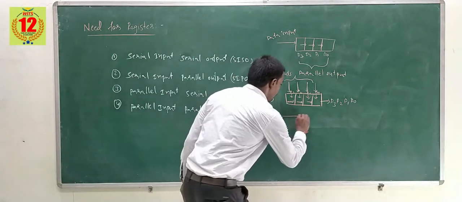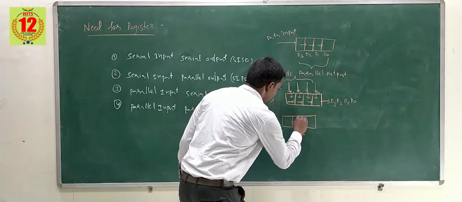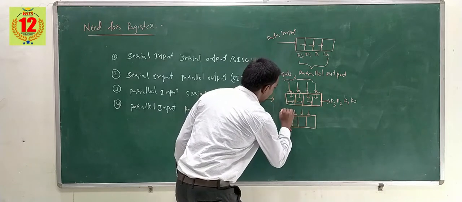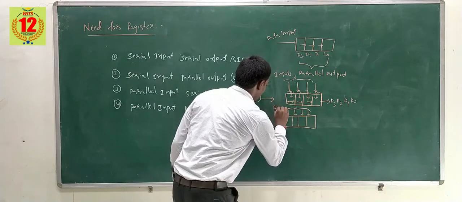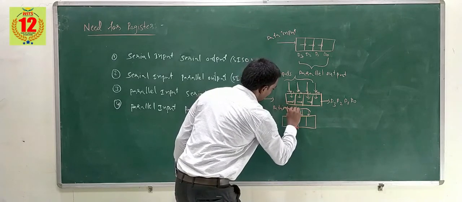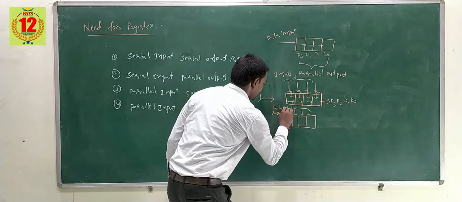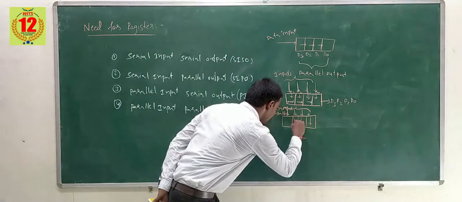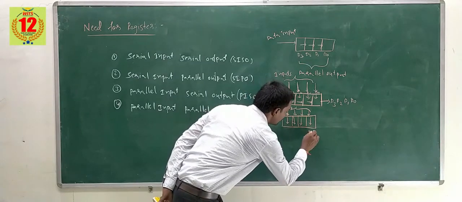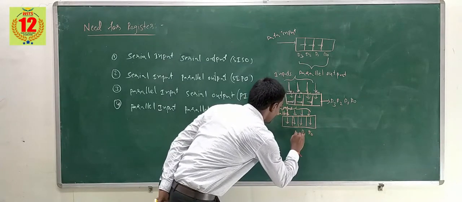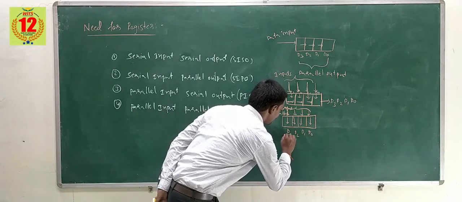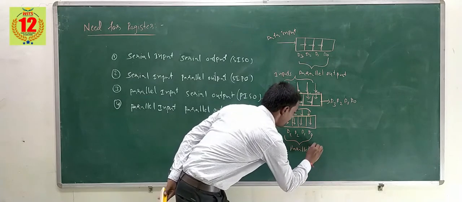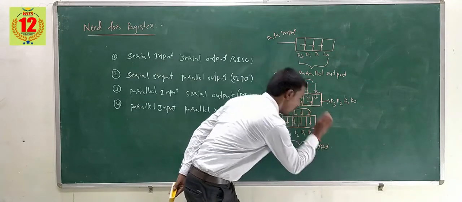Here again take 4-bit data, and these are the data inputs, all given in parallel form, and all the outputs are collected in parallel, that is D0, D1, D2 and D3, that is parallel outputs.